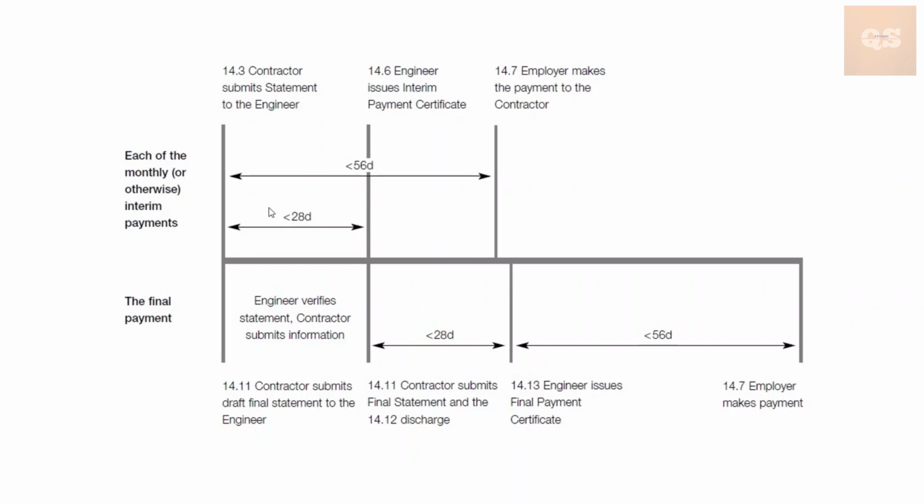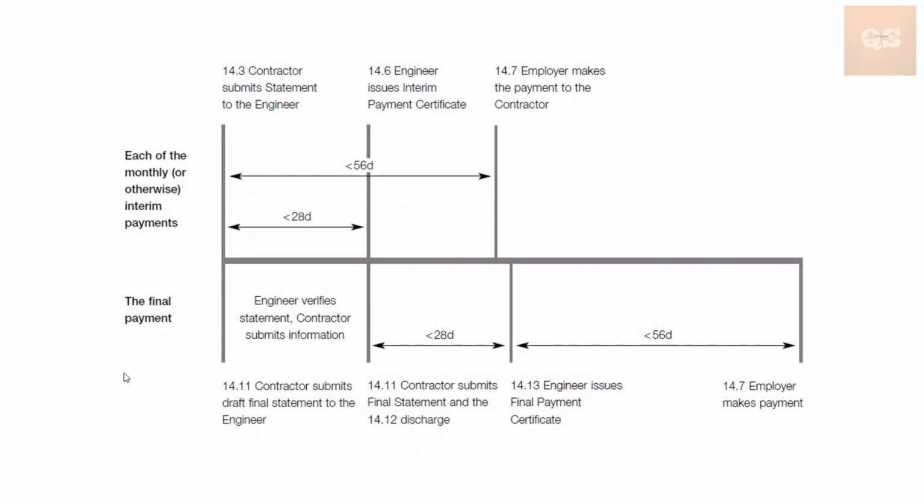That needs to be done within 28 days after the payment application is submitted by the contractor. Once the payment certificate is issued, there is another 28 days, or you can see here 56 days from the date of submitting the payment application by the contractor. So within 56 days, the employer needs to make the payment to the contractor.